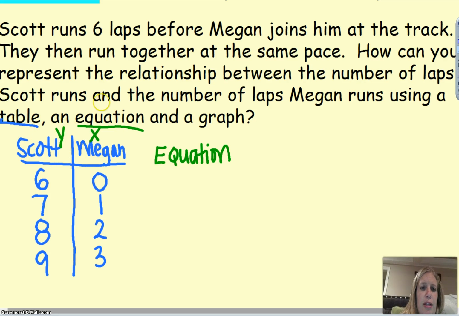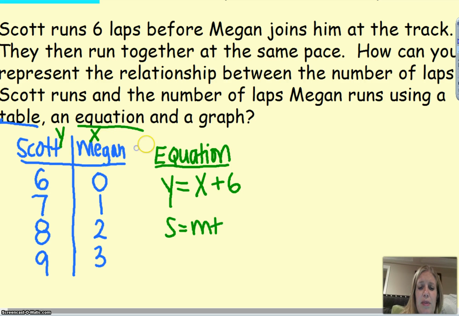Well, if it says he has 6 laps more than Megan, well, Scott will equal 6 more than Megan. So Megan plus 6. You can use the variables s equals Megan plus 6 too. Doesn't say what variable you need to use, but you do need to label them. So notice how over in my table I wrote that Scott was y and x was Megan. So that's why I used x and y here. If we don't label them, we have the s that goes with Scott and the m. You should put them with the table so I know what variable you're choosing for your equation.